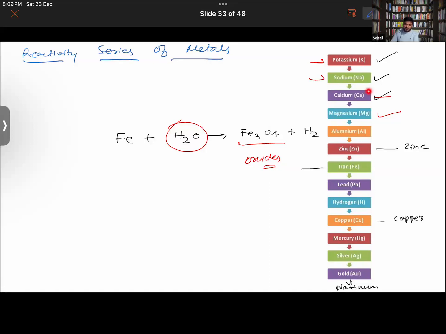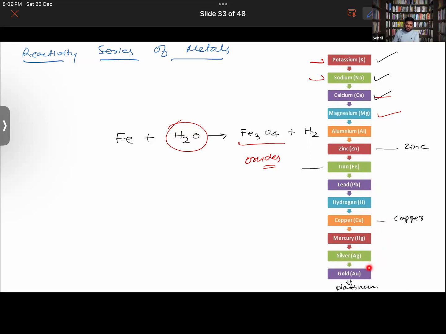So in the given image also you can see potassium, sodium, calcium. These are some of the very reactive metals. ये बहुत ही reactive metals हैं. Okay, and you have the example of gold, platinum, silver, mercury, right? Lead, iron, zinc, aluminum. So these are less reactive. Getting it now?